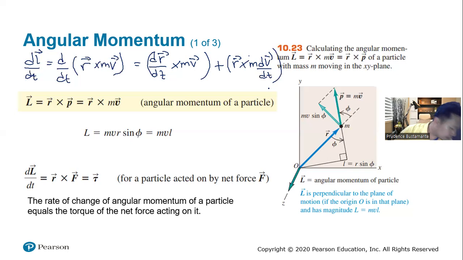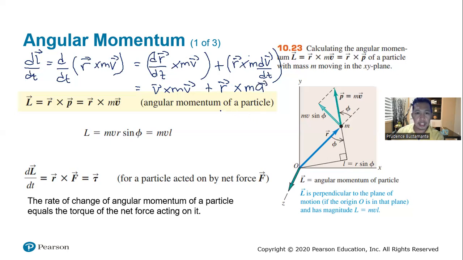Here dr over dt is just equal to v, so we have v cross mv plus r cross m times the acceleration.